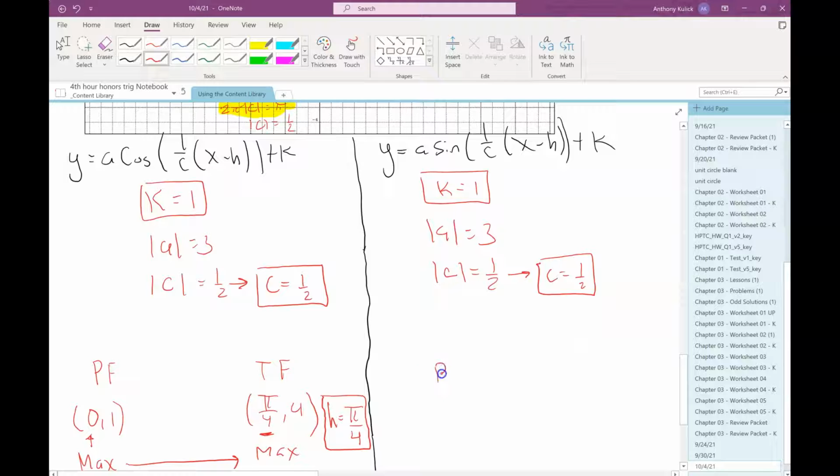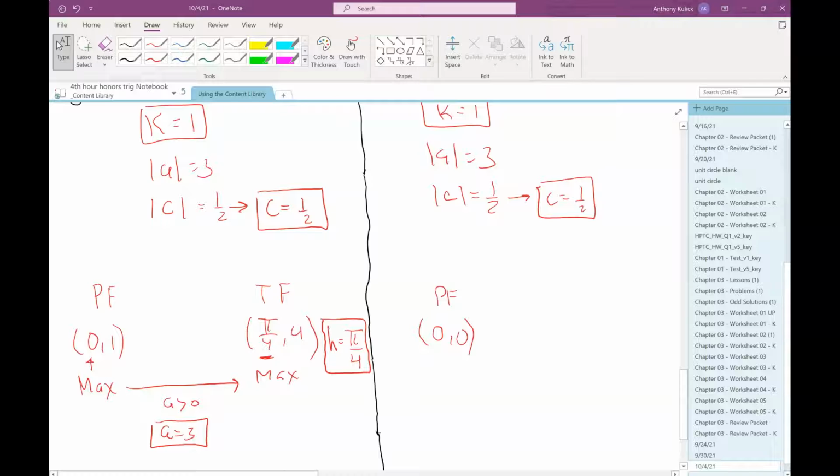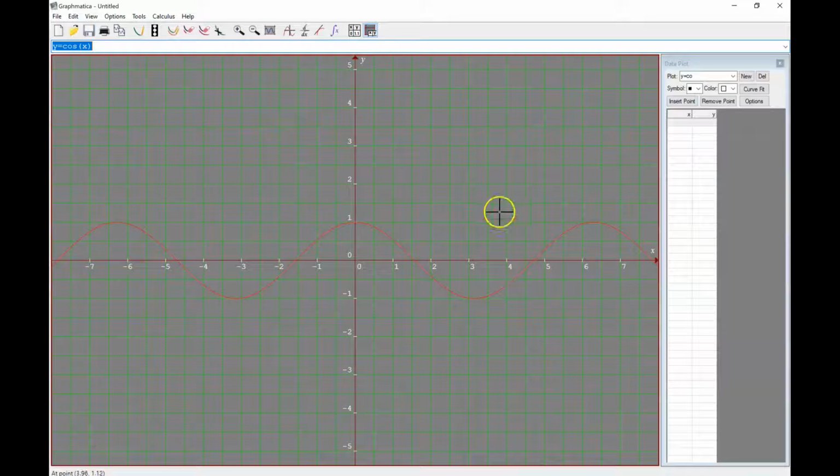Again, I'm going to choose a point from the parent function, preferably one where the x-coordinate is 0. That would be the point 0, 0. As we mentioned, 0, 0 is a midline point. And there are 2 different kinds of midline points. So just to show you that again.